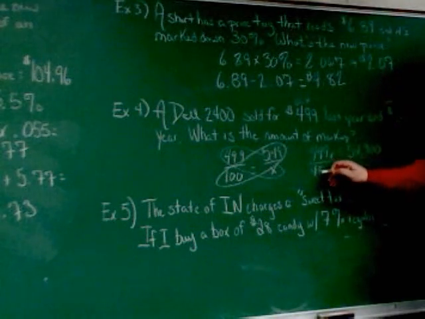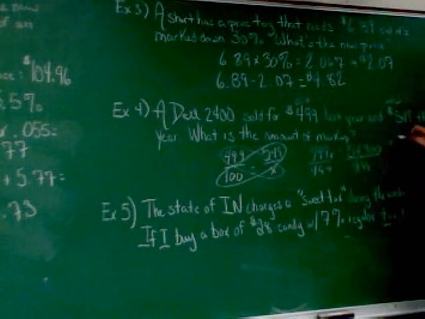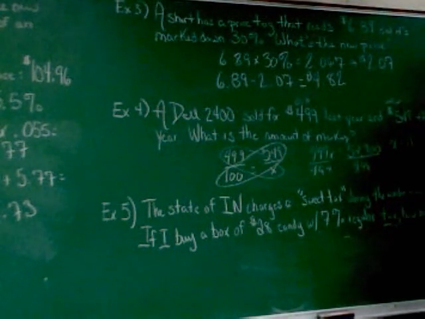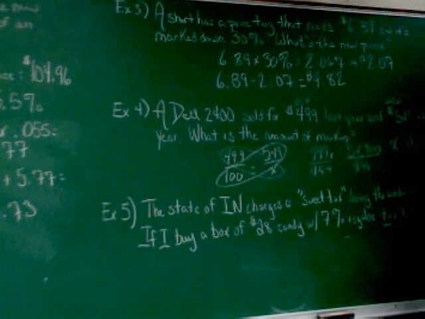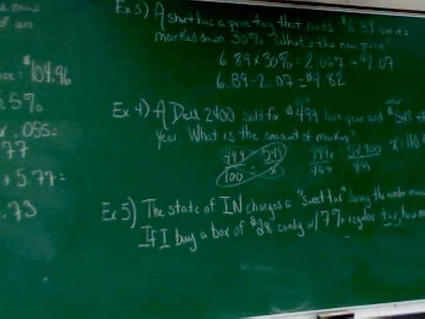Divide out by 499. And you'll get x equals 110.02004. Weird number, but that's what it happens to be.